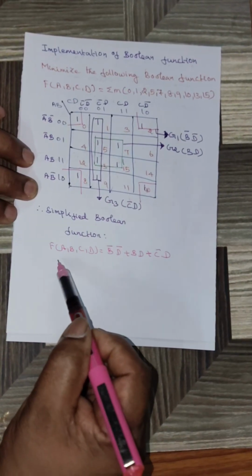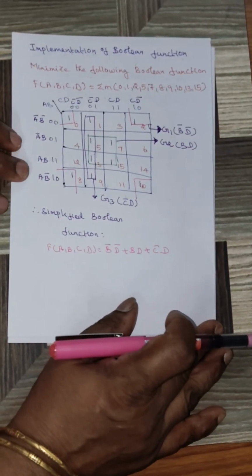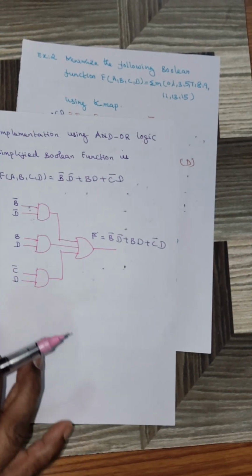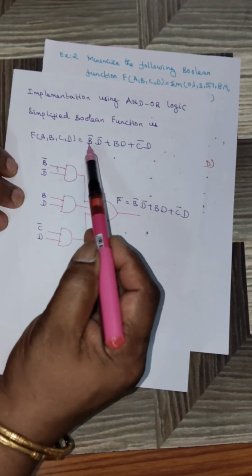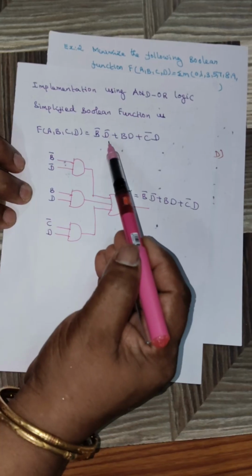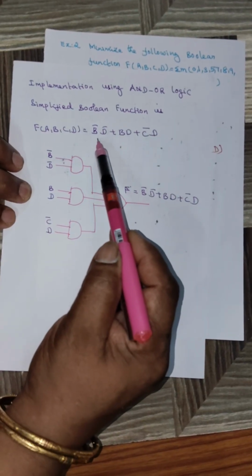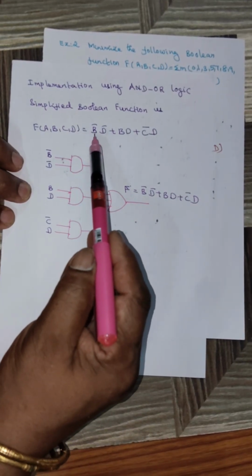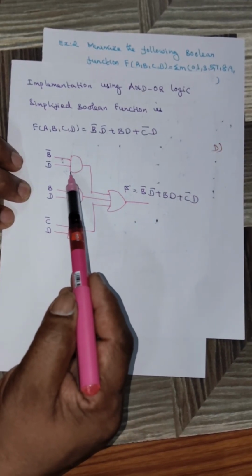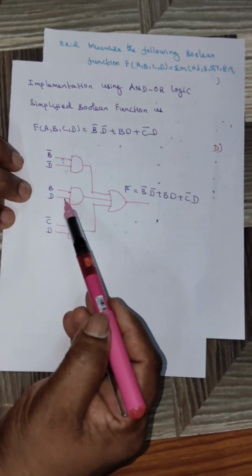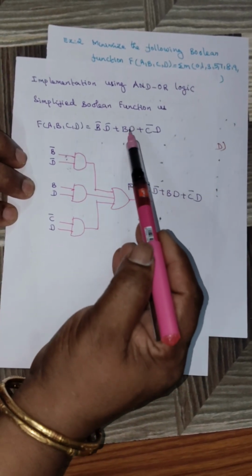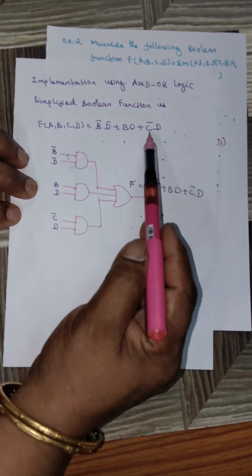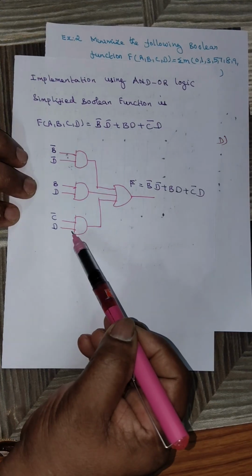Since it is a simplified SOP function, we have to implement this function using AND OR logic only. You see, the simplified Boolean function has 3 product terms here, so each product term can be implemented using an AND gate. The first term is b bar d bar, so we have to take one 2 input AND gate, and in the second term also 2 literals are present, so there also we have to use a 2 input AND gate, and in the third term also we have to use a 2 input AND gate.